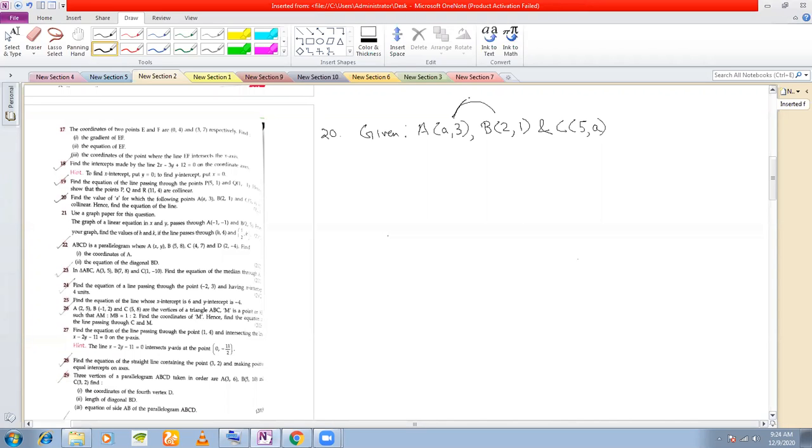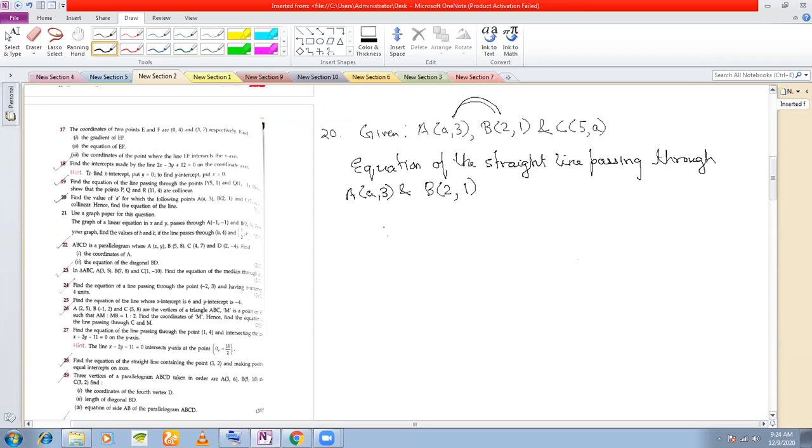I have chosen these 2 points A and B, and I will find out the equation of the line passing through A and B. The equation of the straight line passing through A and B. You can choose A and C also, no problem. So what is the equation of the straight line?